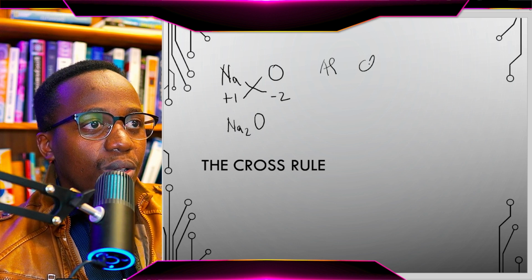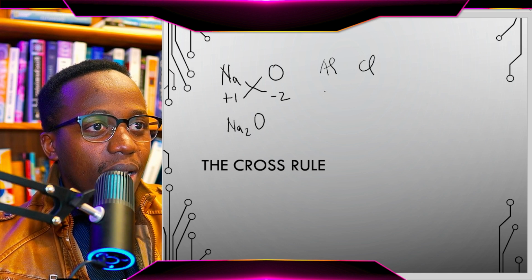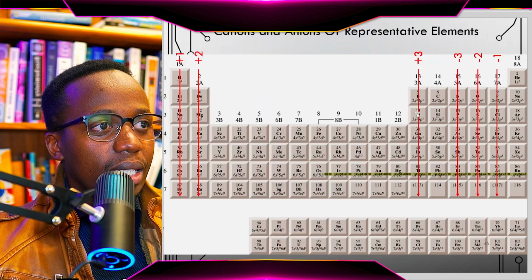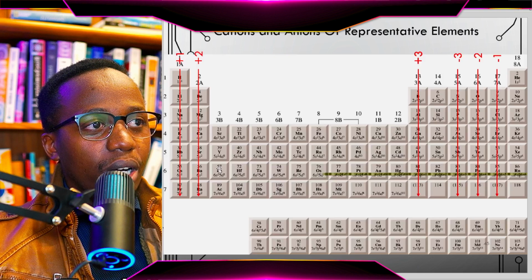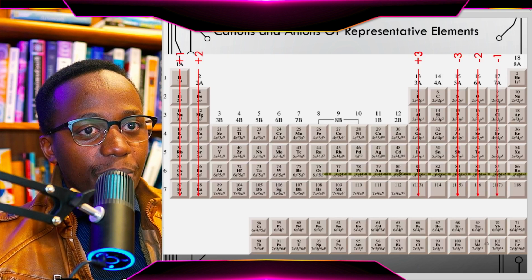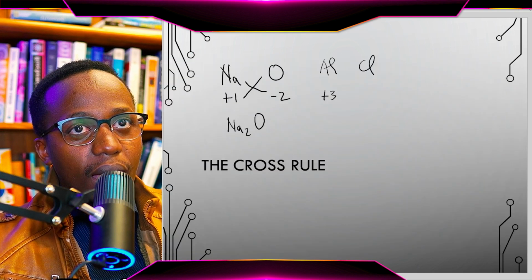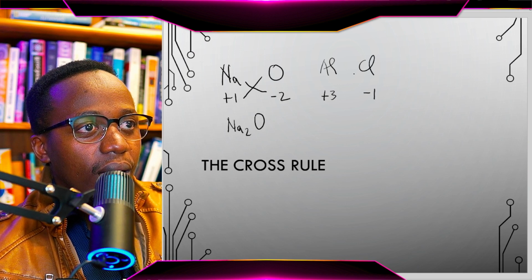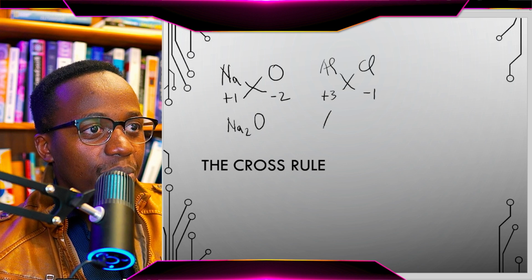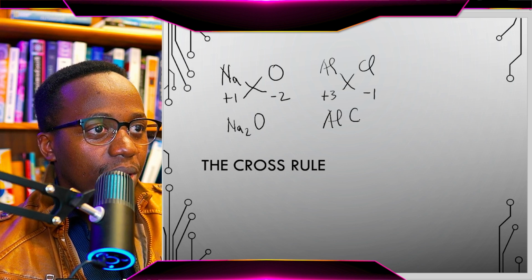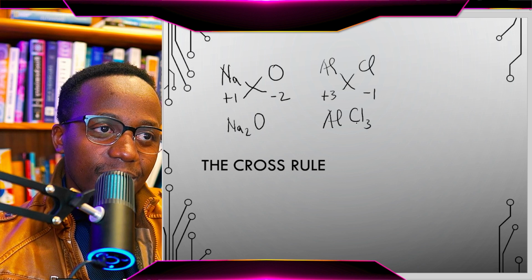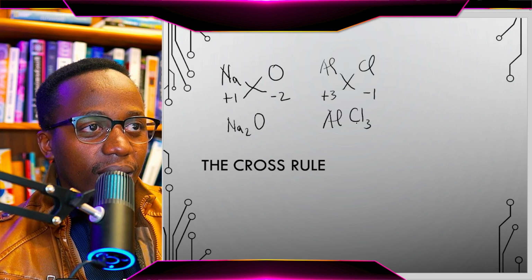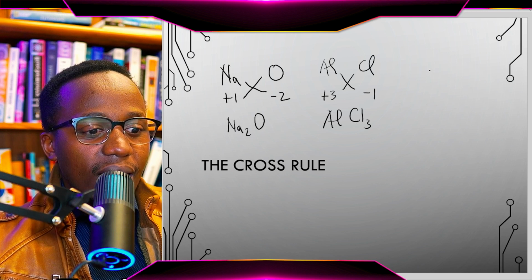Aluminum and then chlorine. The charge of aluminum is +3 from the periodic table. This is aluminum. Chlorine is -1 from the periodic table. And then when you do the cross, it's going to be aluminum, chlorine, 3. This is where the formula comes from, right? So let's look at another example.